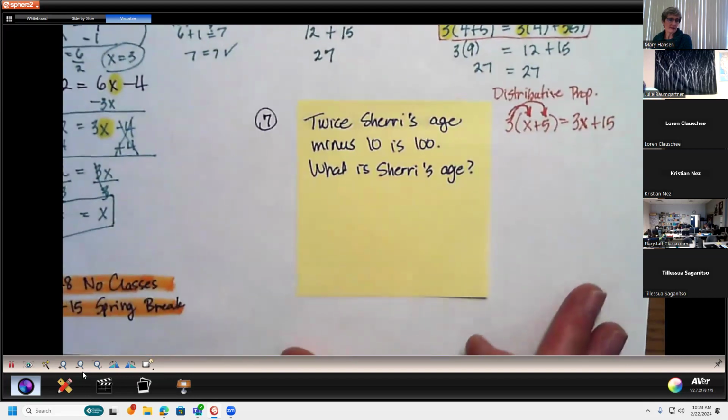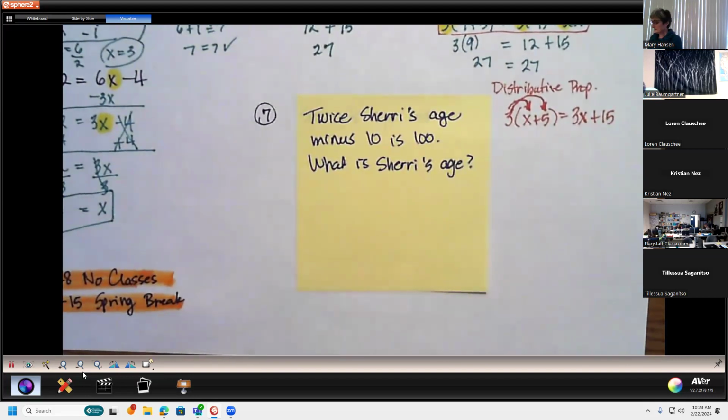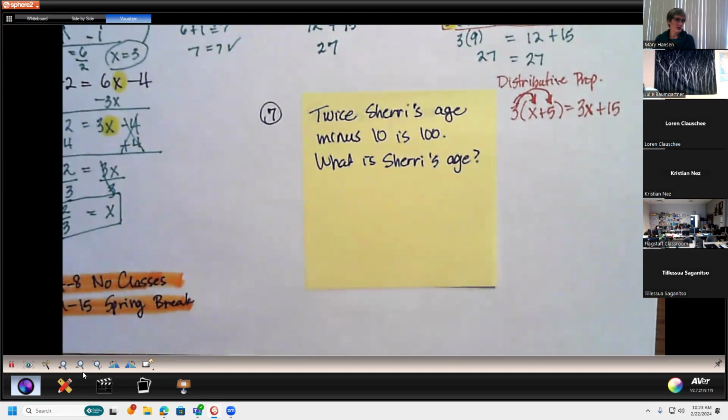Okay, number 7. This is a word problem. Twice Sherry's age minus 10 is 100. What is Sherry's age? You can solve this problem by literally just guessing some numbers and trying them, and you can also solve it by algebra. So did anyone solve this problem just by guessing ages?